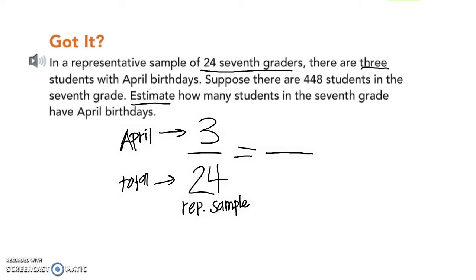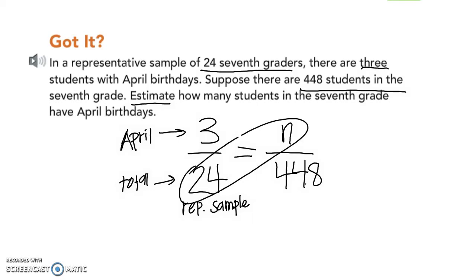Alright, then they tell us there's 448 students in the 7th grade. Would that go on the top or on the bottom? If they want us to find how many of those would have April birthdays, we would put 448 on the bottom, and then n is going to be how many total people in the population have April birthdays. So then I just cross multiply. 24 times n, and then 3 times 448 is 1,344.